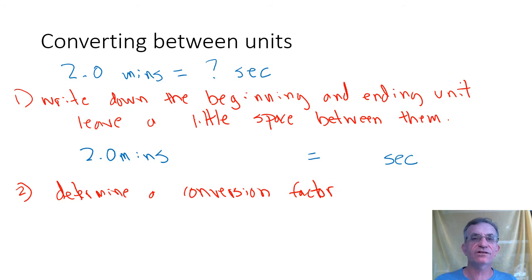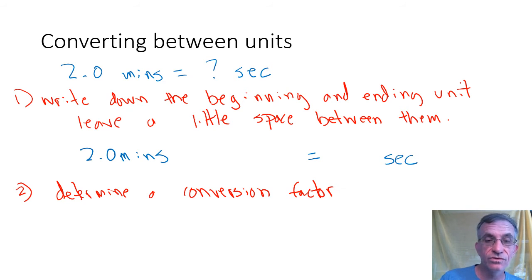Most likely, you're going to find them on that handout I just gave you. I would encourage you to get used to using that handout because it's going to be really useful for you. On that handout, it lists all the different ways that different units are related. Now, in this example, the conversion factor isn't actually on this handout. You probably just know it off the top of your head, right?